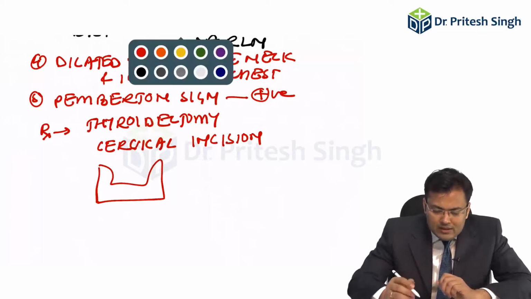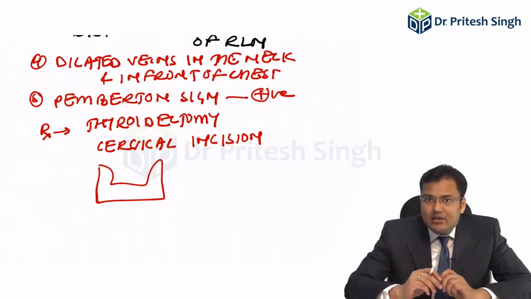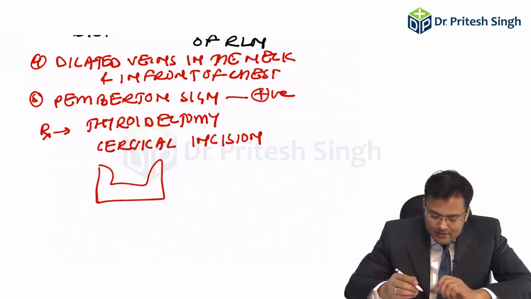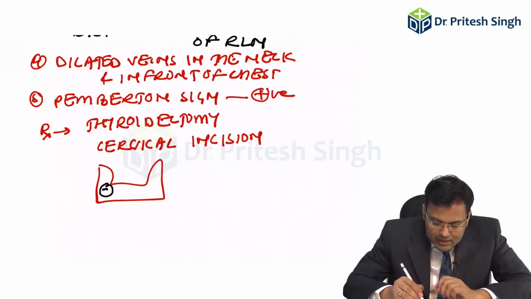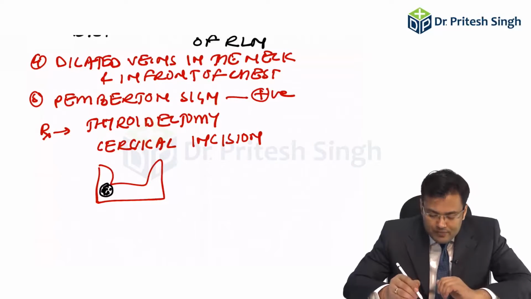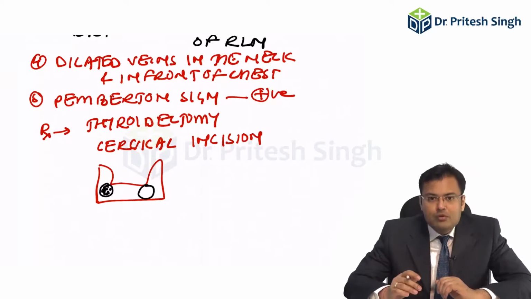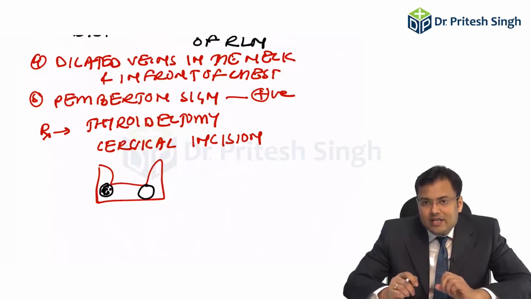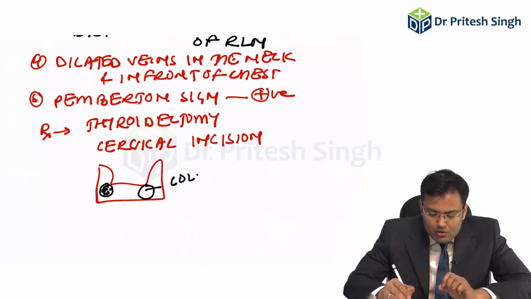Now see, on this thyroid scan or radioactive iodine scan, if one nodule collects radioactive iodine more than the surrounding tissue, this is known as hot nodule. And if there is one nodule which collects less radioactive iodine in comparison to the surrounding tissue, this is known as cold nodule.